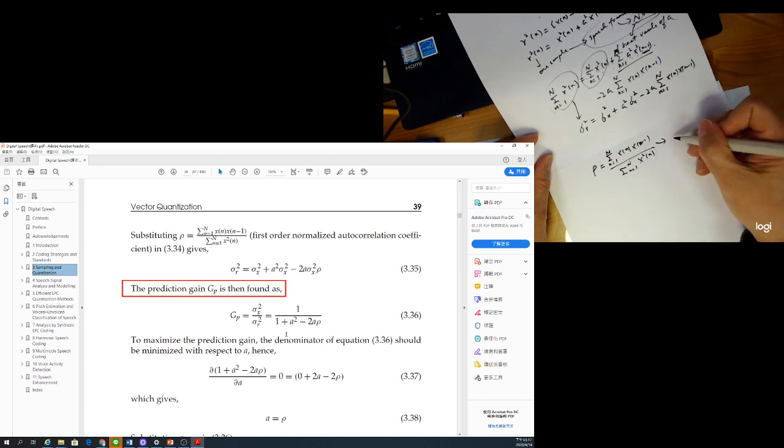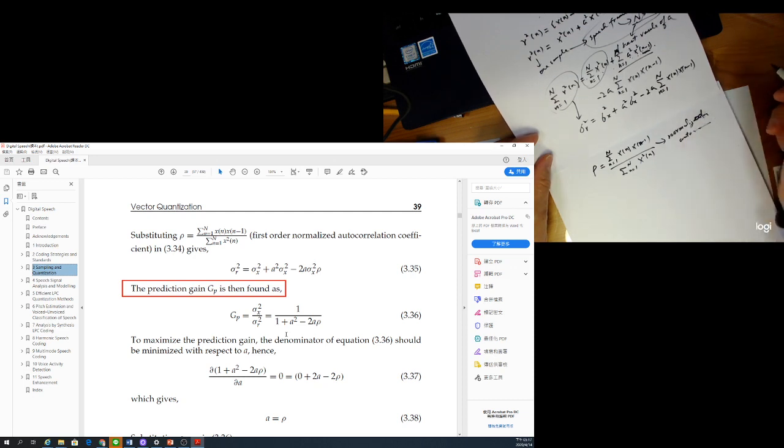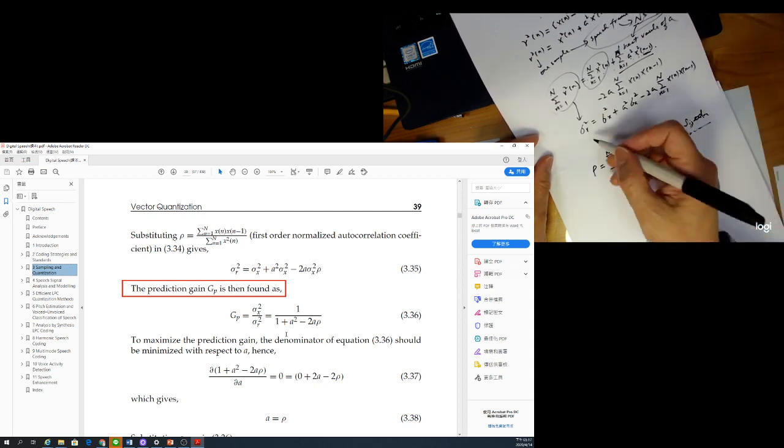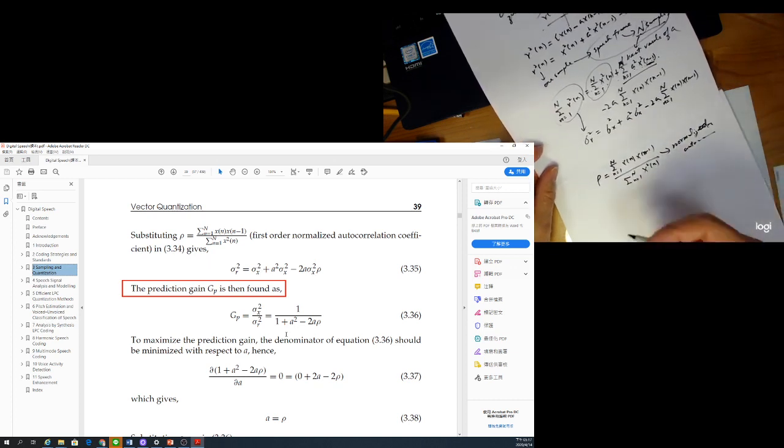So this one is a normalized autocorrelation, normalized autocorrelation coefficient.